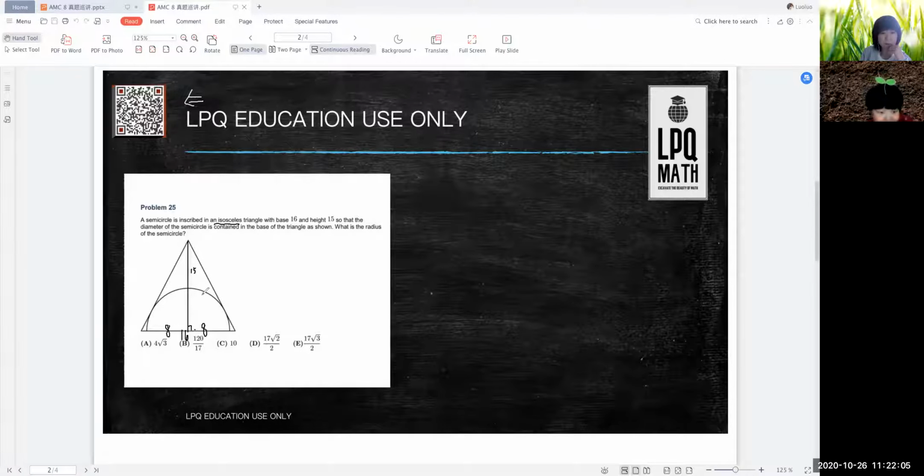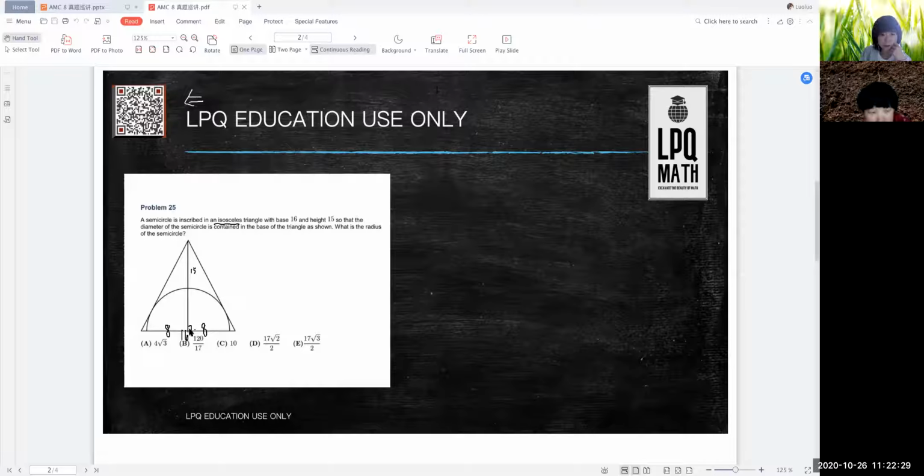So this line is 15, this line is 8. The diameter of the semicircle is contained in the base of the triangle. What is the radius of the semicircle? So they want to know what this one is.